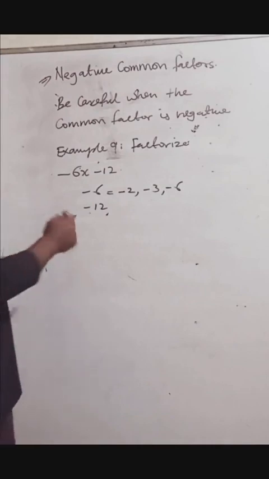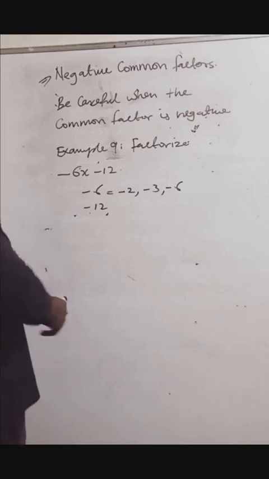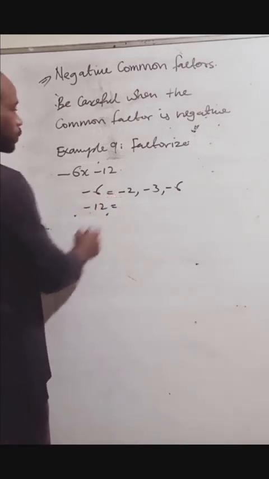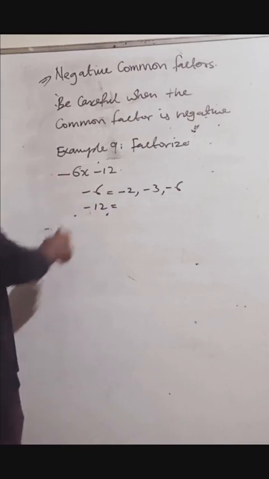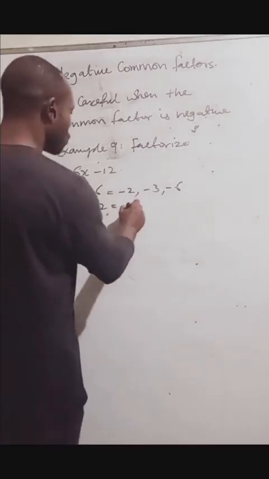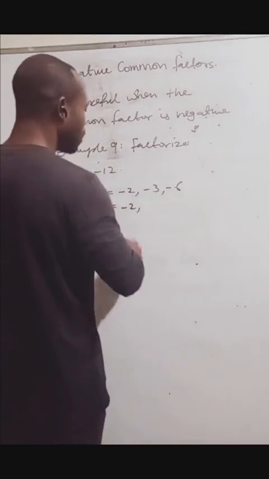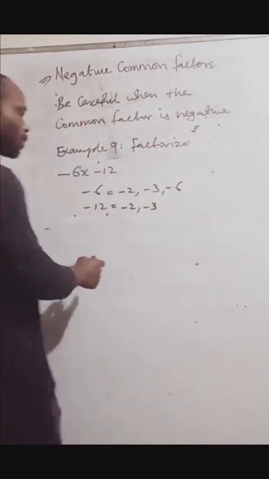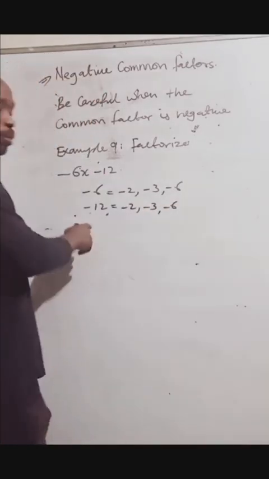Remember, carry the negative sign along. What are the factors of minus 12? The factors of minus 12 are minus 2, which can divide minus 12 without remainder. Minus 3 can divide minus 12 without remainder. Minus 6 can divide minus 12 without remainder.